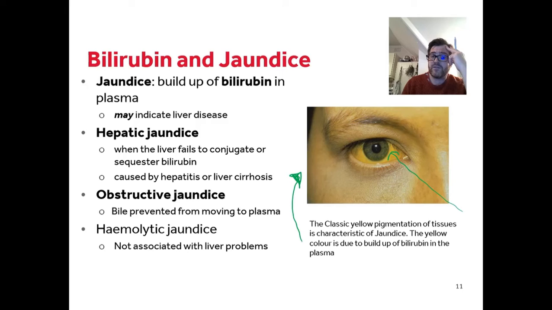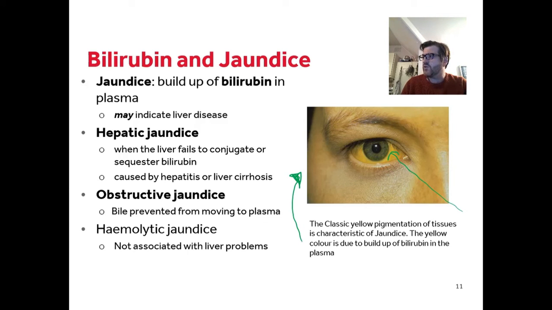And often when the liver fails to conjugate or sequester and then remove bilirubin, that's what we call hepatic jaundice. Sometimes we also get what we call obstructive jaundice, and that's when the bile is prevented from moving into the blood plasma and being excreted in the urine.